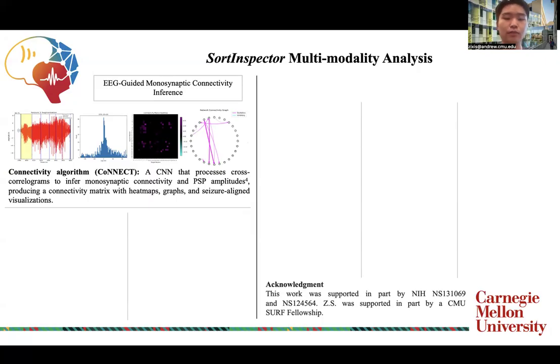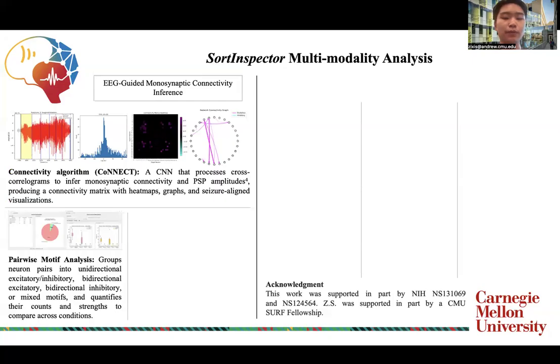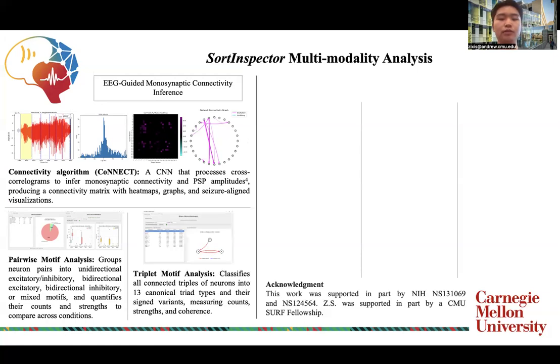Based on these connectivity results, we then implement pairwise and triplet motif analysis. Pairwise motifs classify neuron pairs as excitatory, inhibitory, or mixed, and triplet motifs extend this into 13 canonical triads and sign variants, quantifying network structure across different conditions.